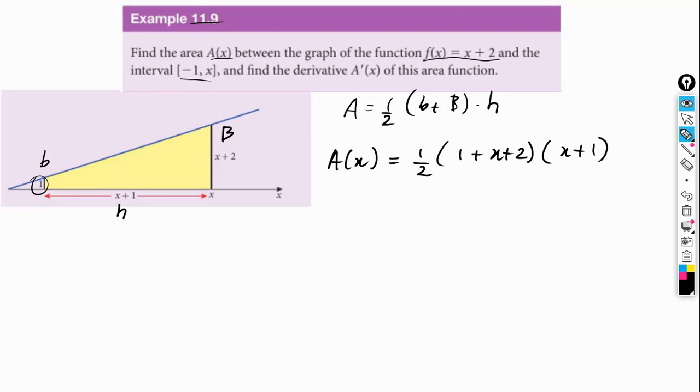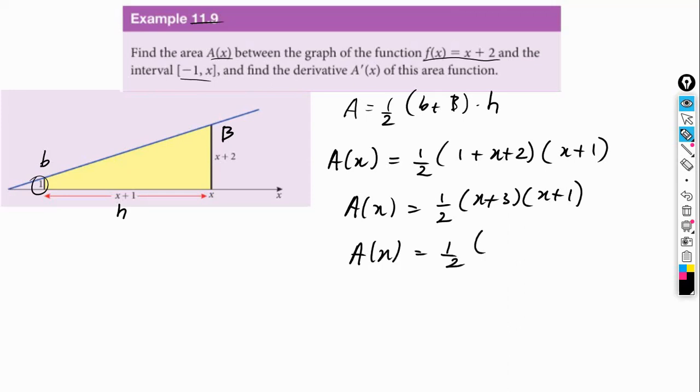And then here we get that the area is equal to 1/2 times x plus 3 times x plus 1, which again equals 1/2 times (x squared plus 4x plus 3).